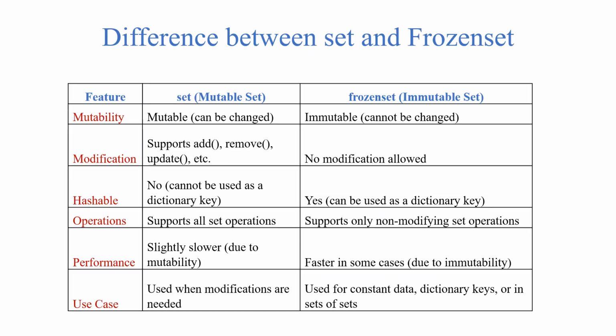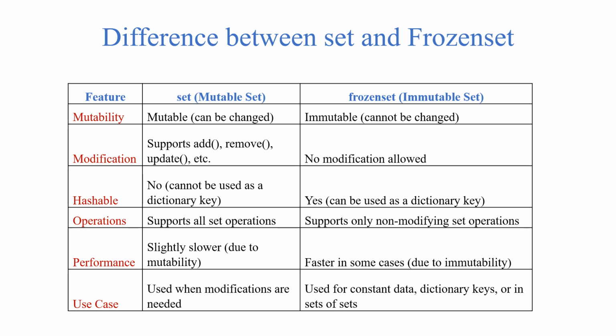Finally, we'll look at the difference between set and frozen set. A set is mutable, while a frozen set is completely immutable. You cannot change anything. With a set you can apply add, remove and update; with a frozen set no modifications are allowed.